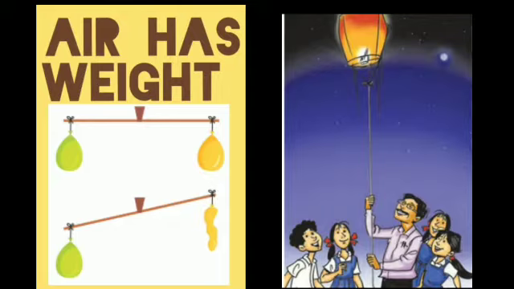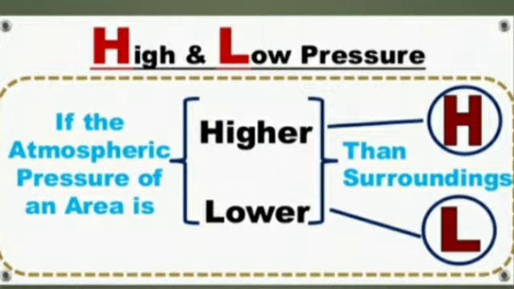But not only this, we have also learned that as we move higher and higher from the earth's surface, when the temperature is low, the air pressure is high, and when the temperature is high, air pressure is low.